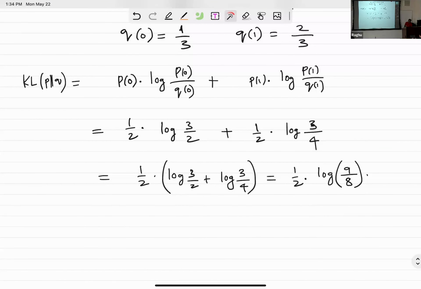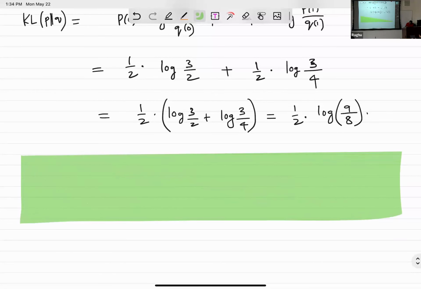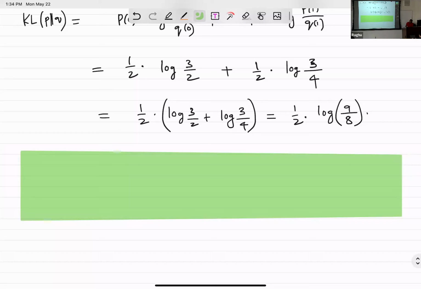Okay. But it turns out by some nice convexity arguments that KL divergence is actually always non-negative. So it's an amazing and very important property that KL divergence between any two distributions is always non-negative.